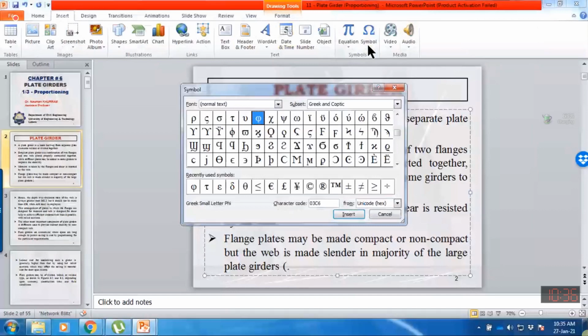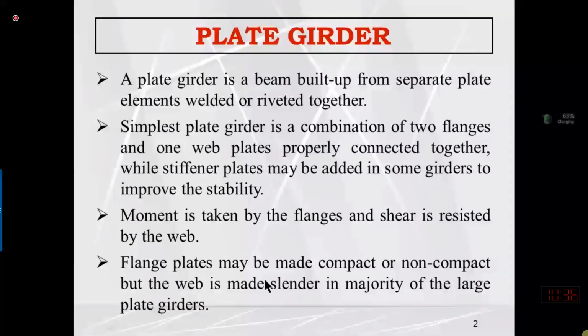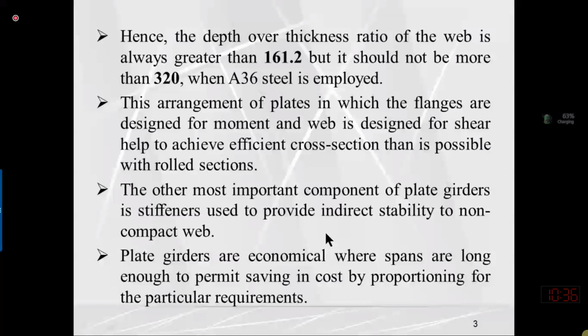Anyhow, I will explain when we are computing the formula. So flanges may be compact or non-compact. It means that our plate girder may be compact or non-compact based upon the flange local buckling criteria. A hot rolled beam section always has a compact flange. Similarly, in case of the web in a plate girder, our web will always be slender.